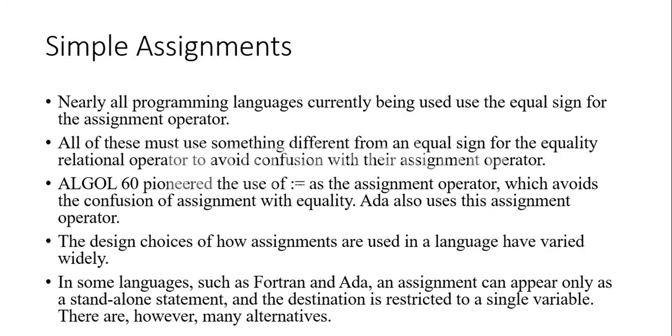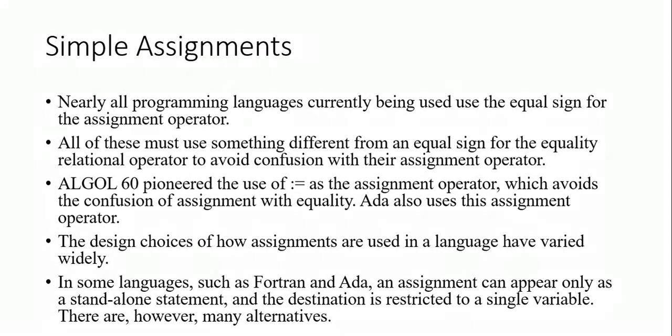Simple assignment statements are there, and compound assignment statements are also there. Nearly all programming languages currently in use use the equal sign for the assignment operator. In C languages, A equal to B means the value of B is copied, or assigned, to A. Languages that do this must use something different from an equal sign for the relational equality operator, to avoid confusion with the assignment operator.